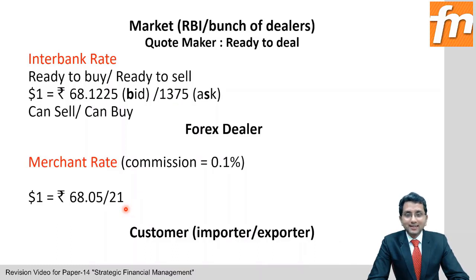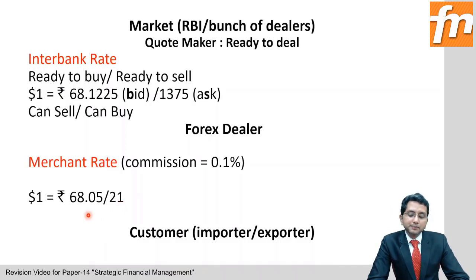You must get 68.21. What is happening? You are deducting the margin from the bid rate and you are adding the margin to the ask rate. I'll tell you the rationale behind why deduct and why add.